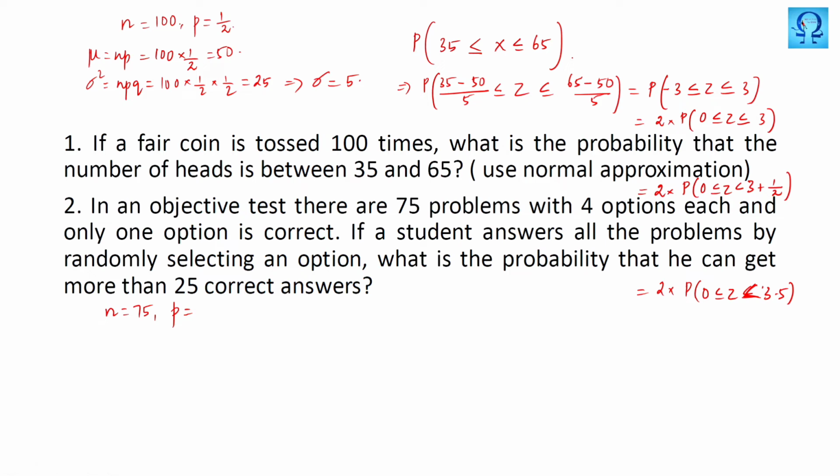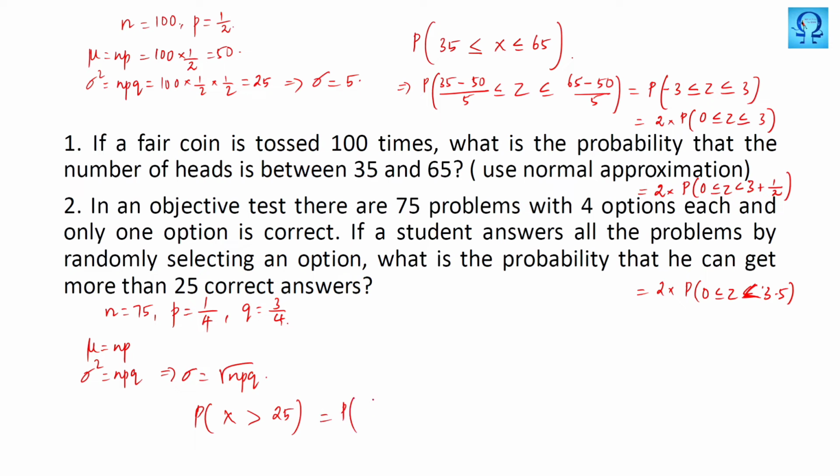Therefore q is 3 upon 4. Mu is np and sigma square is npq, from which we calculate sigma as the square root of npq. We are asked to calculate the probability of more than 25 answers, so greater than 25.